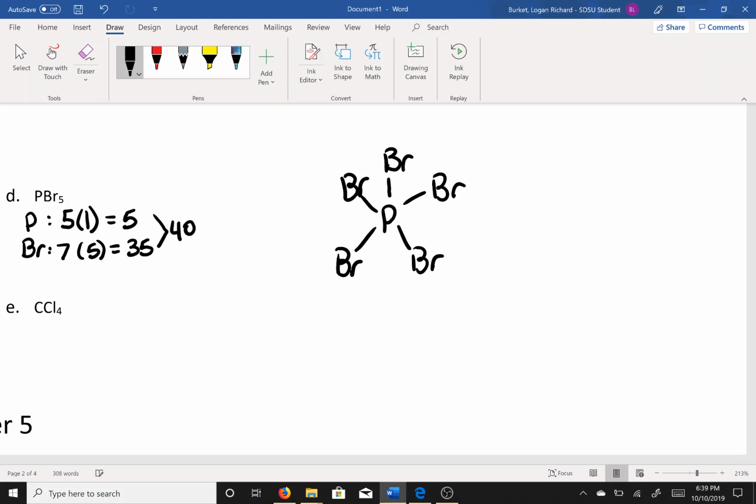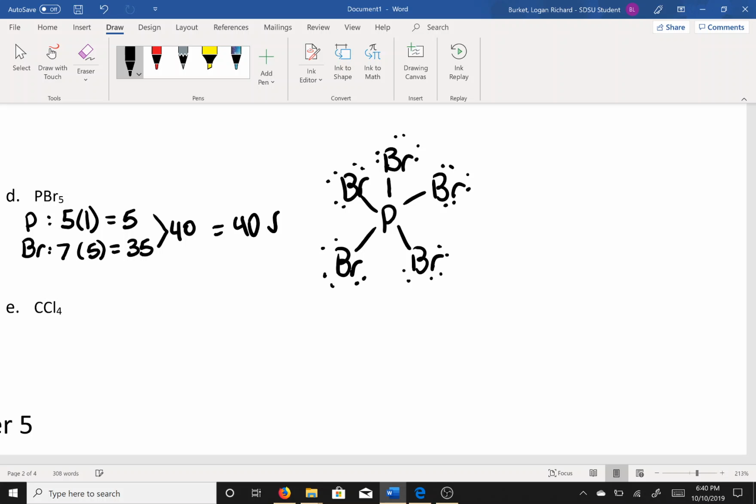Okay, so let's go ahead and fill in the electrons. P already has more than its octet, so we're not going to put any more lone pairs on him. And then when we count that up, we get to our 40, so we know that it's correct.